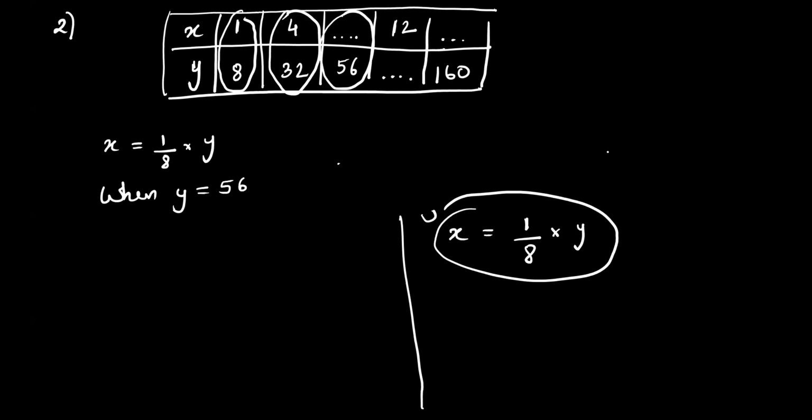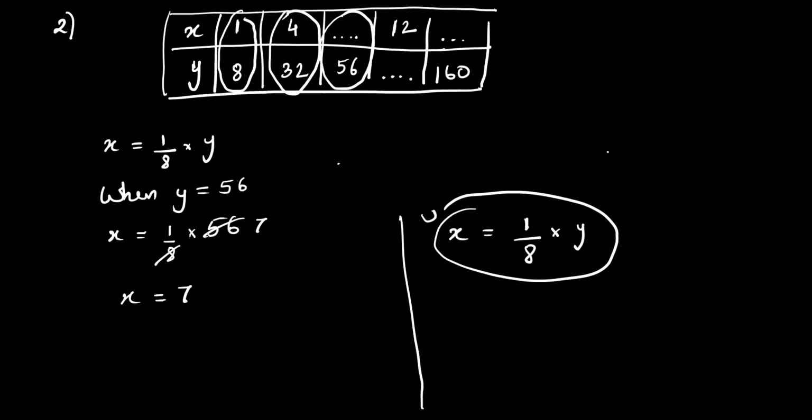So let us try and find X. What will happen? I'll write the same equation now. X is equal to 1 upon 8 into, what? Y we will not write. Instead of Y, we will write this value, 56. Okay. And here if you notice, if I cancel, 8 ones are 8, 8 sevens are 56, so X is equal to 7. Has everyone understood this?